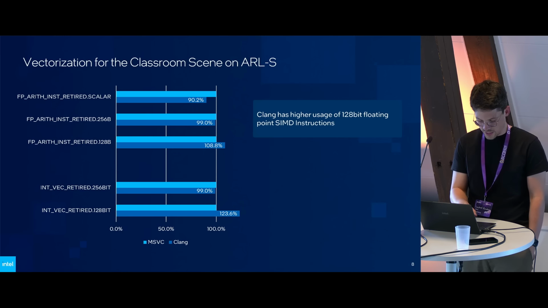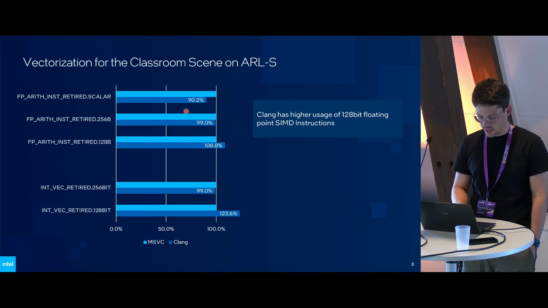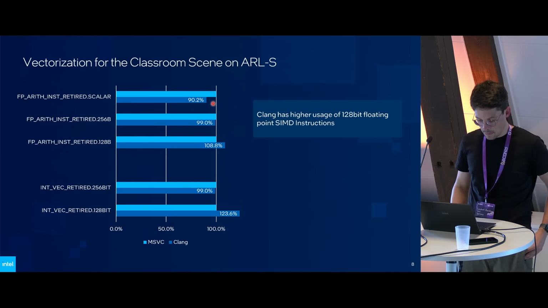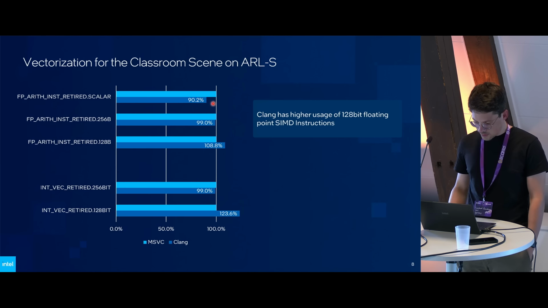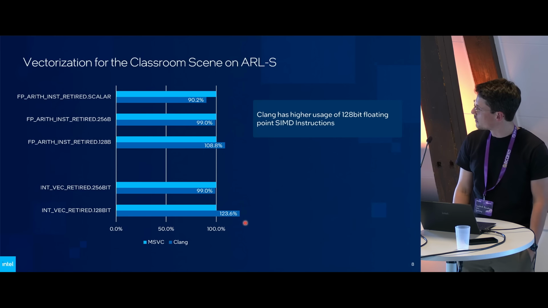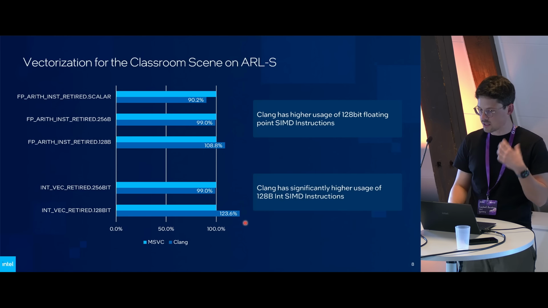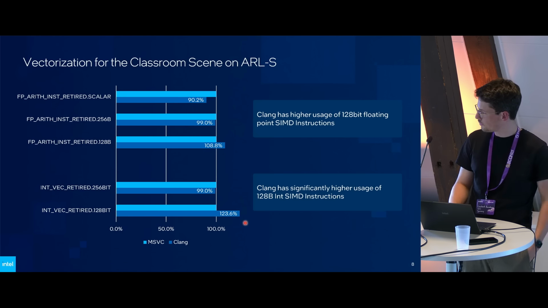Because of that, the scalar instructions for floating points become less, by 10%. So this is one reason for the speed up. We see the same thing for integer vector registers. So better vectorization is one of the reasons why Clang gives you a better performance.